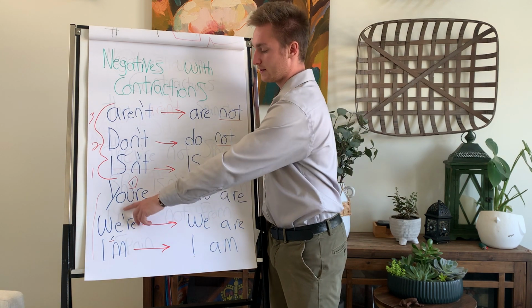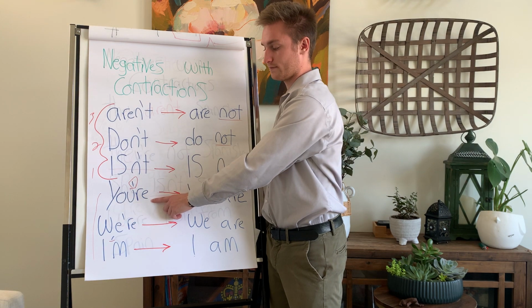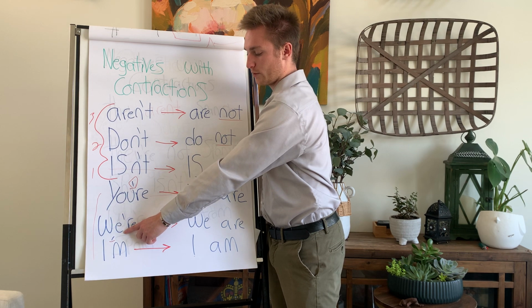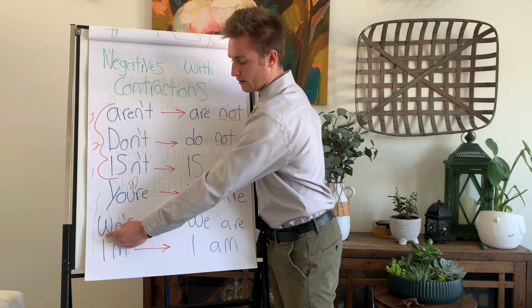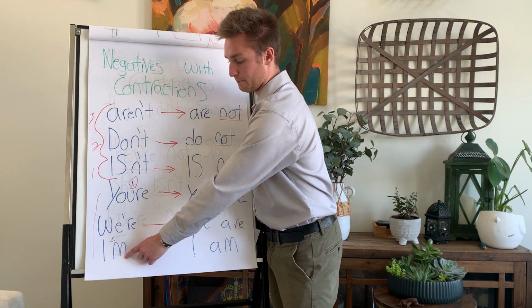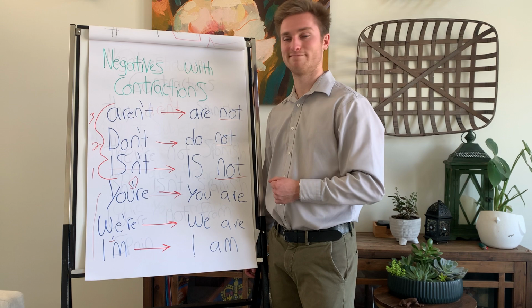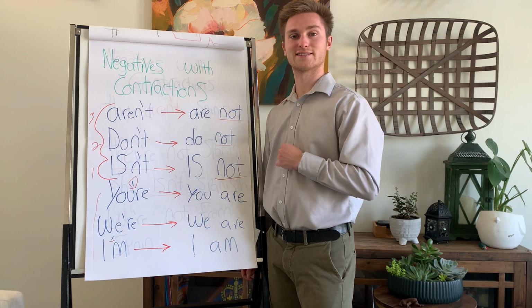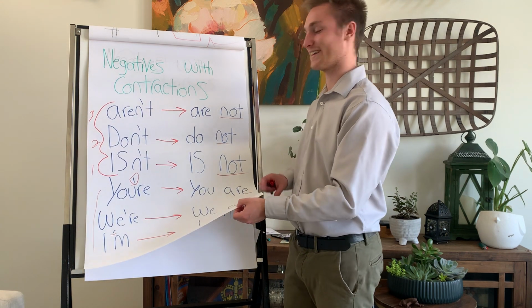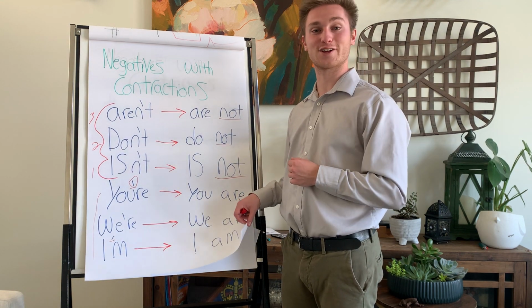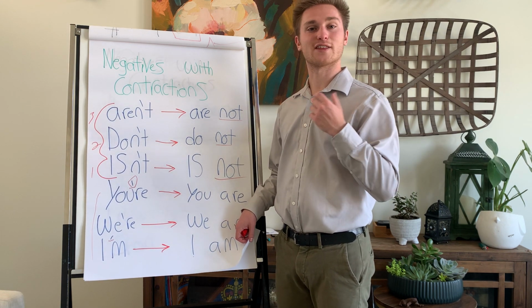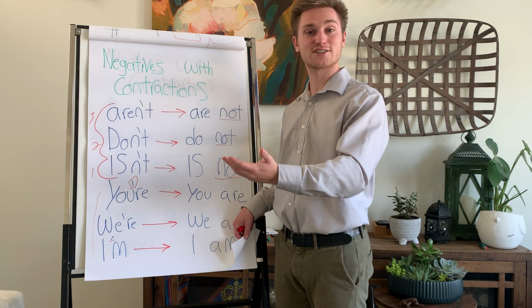Next, you're. We're. I'm. Great. If you said it, good job. If not, I understand. It can be a little bit weird talking to yourself, but it is very important to speak so that you can speak English for real.